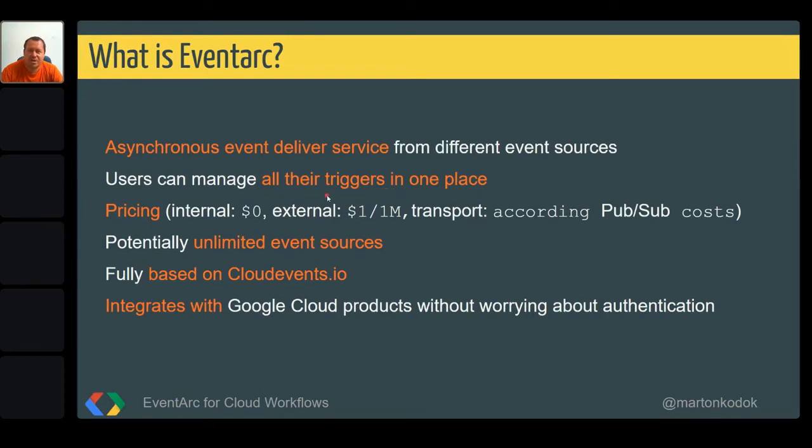And these are not database triggers, because there was a confusion at some past event; it's not a database trigger, it's a service trigger. And now users can eliminate all the little DevOps code or automation code from cron jobs and so on, and manage their triggers in one place. So you could have either the scheduler or Eventarc to have the trigger in your systems.